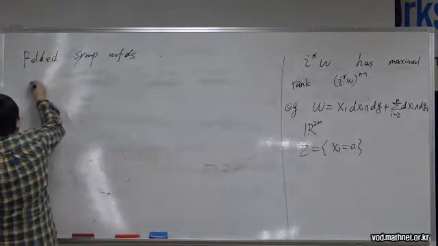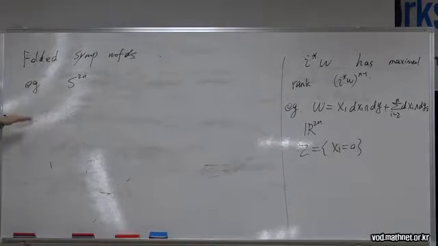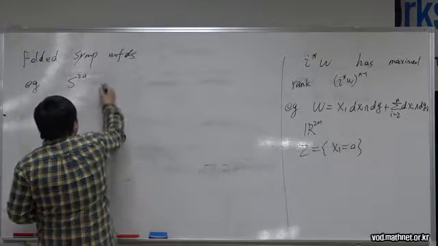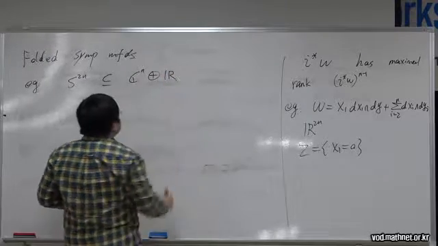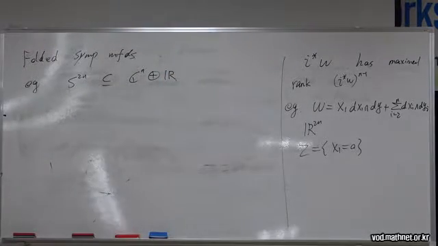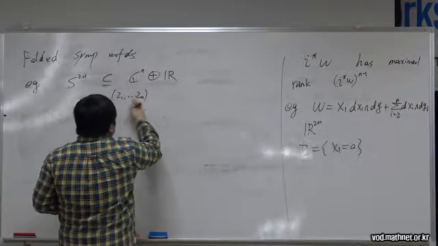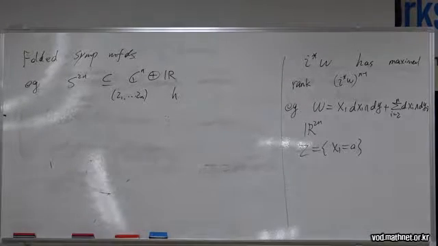Another one is S2n. We can give it a folded symplectic structure. We can view it as a subspace in Cn direct sum R, and this coordinate is z1 to zn, and this is the height function.